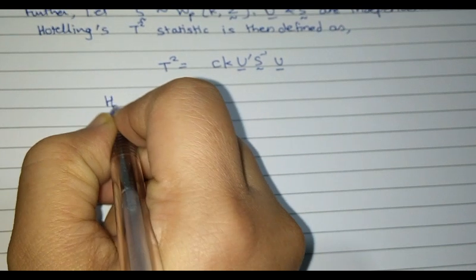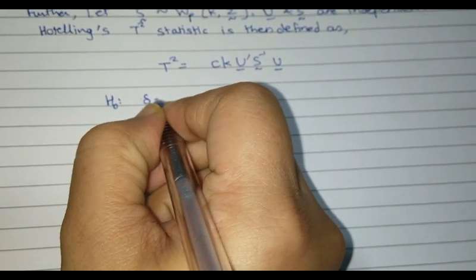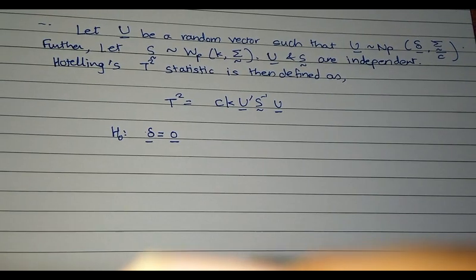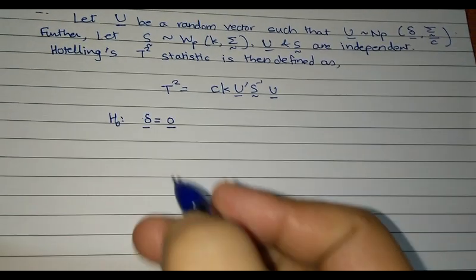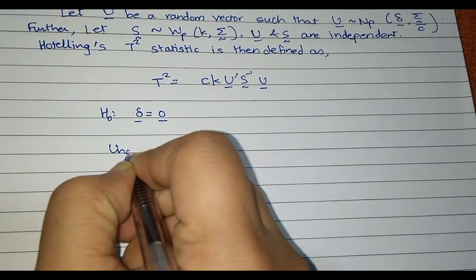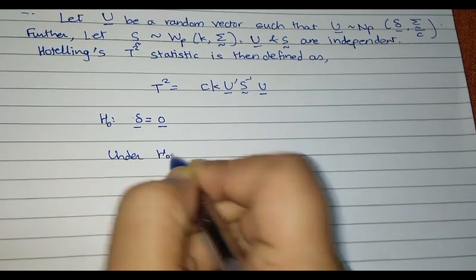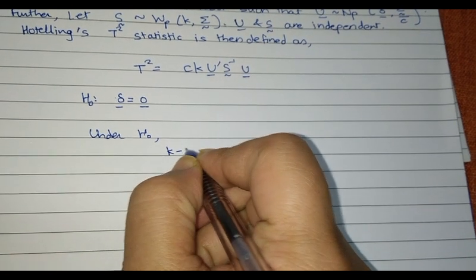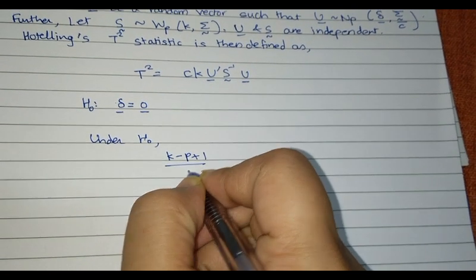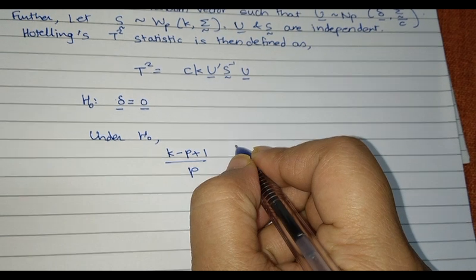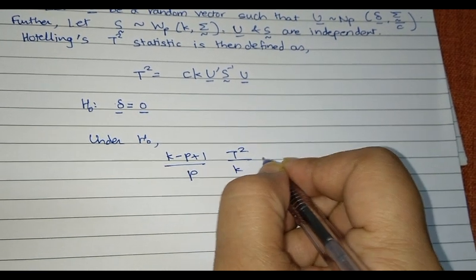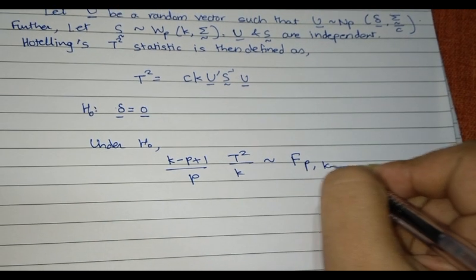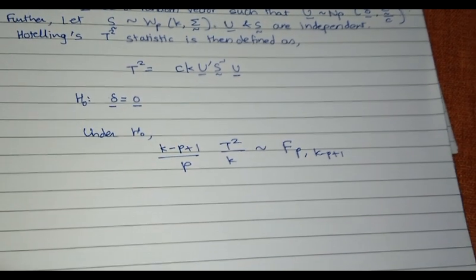My H naught is going to be delta equal to the 0 vector, and under this H naught we know that (k minus p plus 1) upon p times T square by k will have an F distribution with p and k minus p plus 1 degrees of freedom.